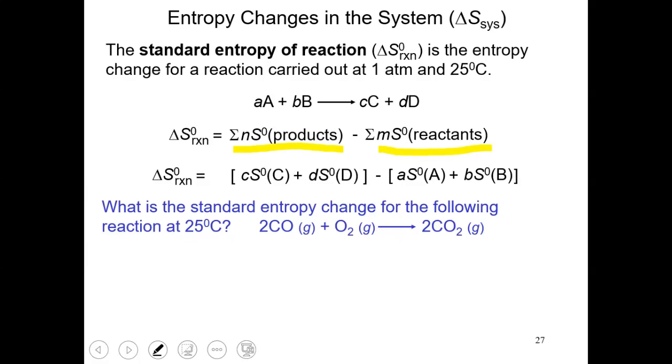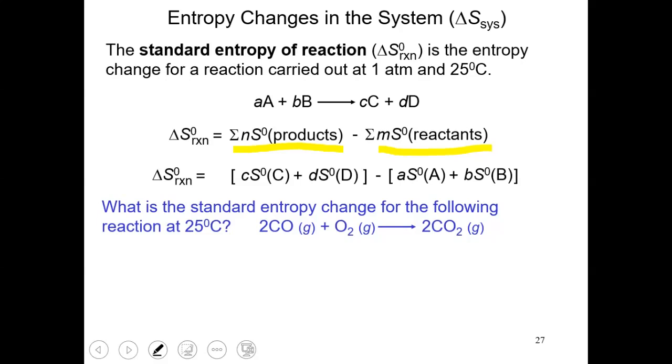What is the standard entropy change for the following reaction? Carbon monoxide and oxygen reacting to form carbon dioxide. Okay, one or two things have to happen here. One of them is they had to give you the standard entropies, or, as I'll show you later, you have to go to Top Hat, Appendix 4, and find what the entropies are.